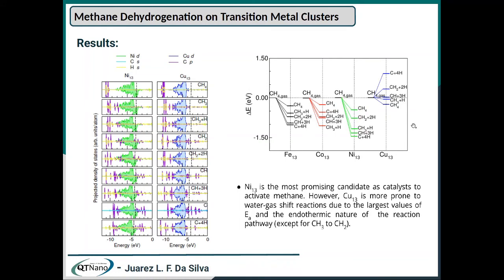However, as we can show in the next graphic, from a thermodynamic point of view, nickel tends to form carbon depositions, while this tendency is not observed for copper.